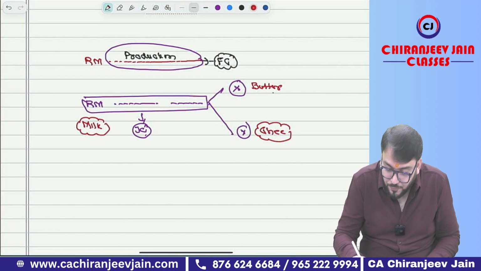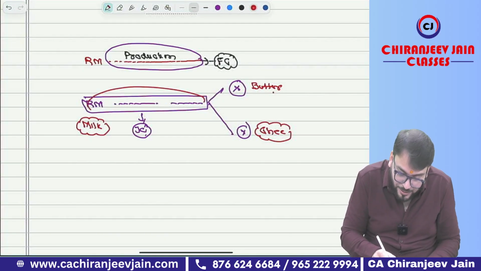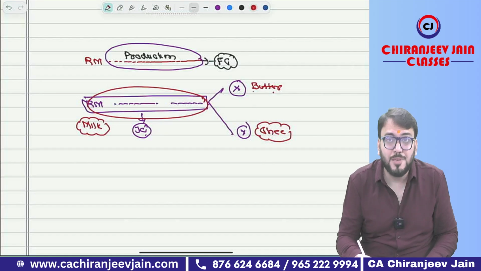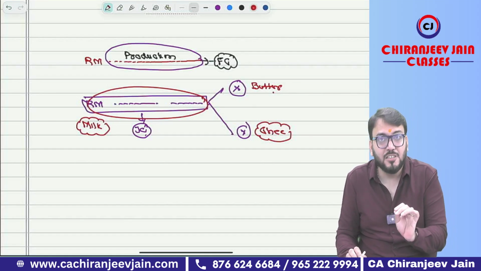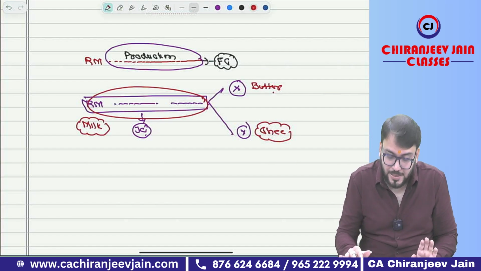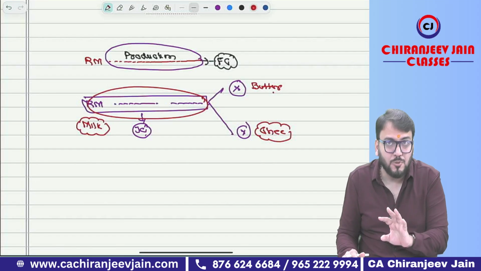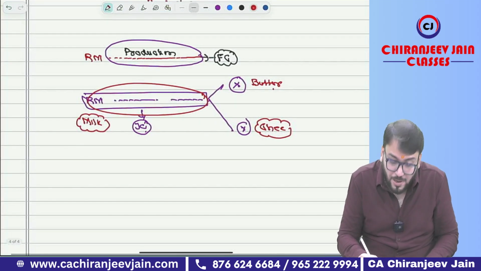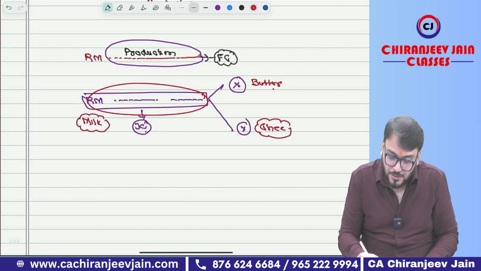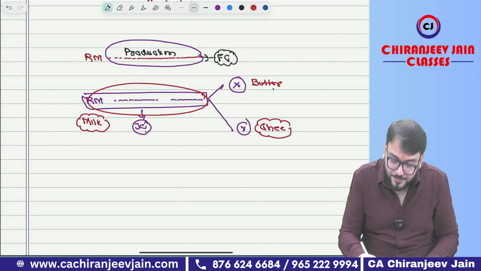So it means for butter and ghee, this is the joint cost. So how should it be allocated? This is our question. Correct. So this is known as joint product. We'll come to byproduct after this. Got this point? So what AS2 says is that this joint cost should be allocated in the sales ratio.